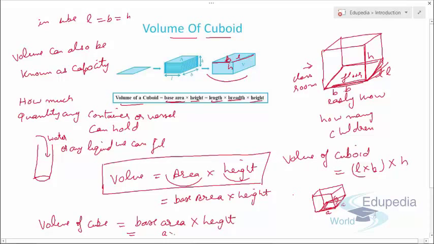So it will be A times A, then times height. Height is also A, so this will be times A. This means we have A times A times A, which equals A cube. So we can say now that the volume of cube is equal to A cube.